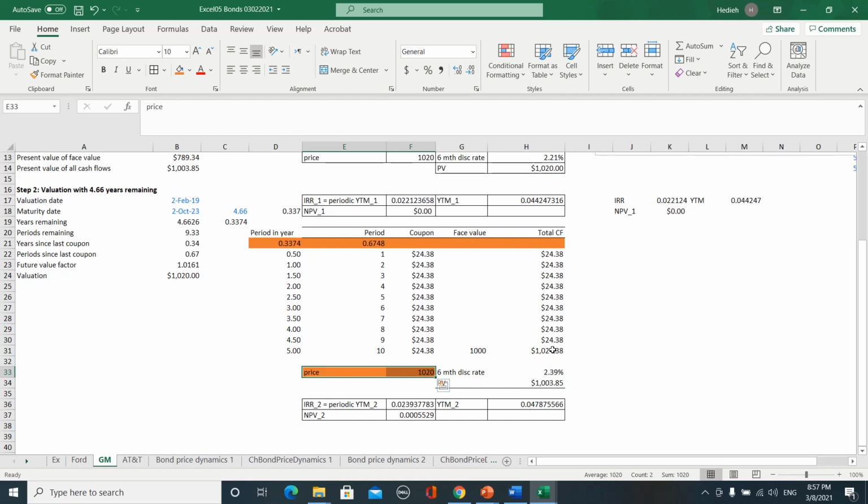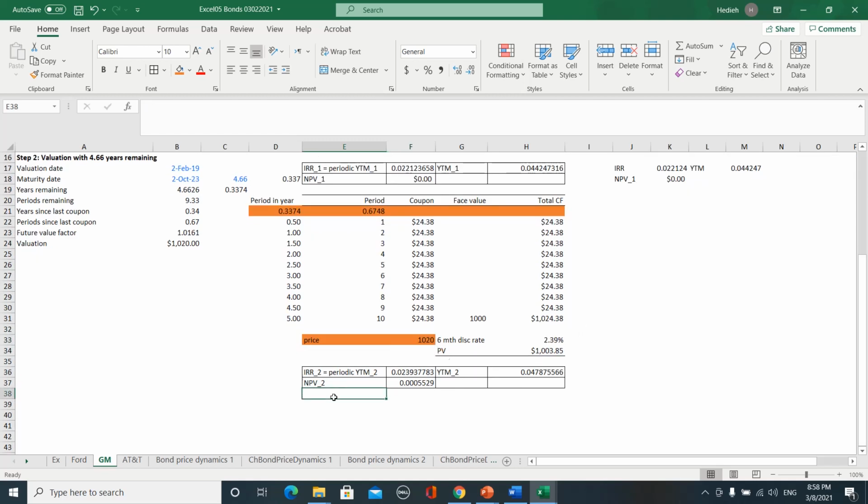You want to see what is the yield to maturity of the bond. The problem is that it is not easy to find the present value of cash flows of this bond at this time period of 0.67. So what do we do? First, we find the net present value of all the cash flows of this bond at time 0, right? At time 0. Okay, let's do that.